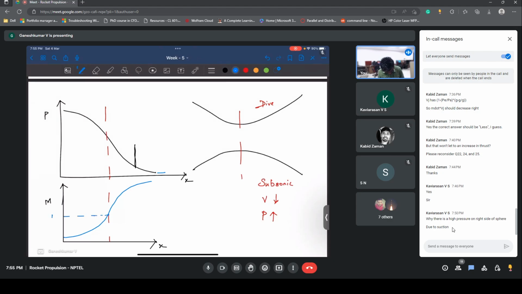At the throat, you know Mach number is equal to 1. So this corresponds to Mach number equal to 1.